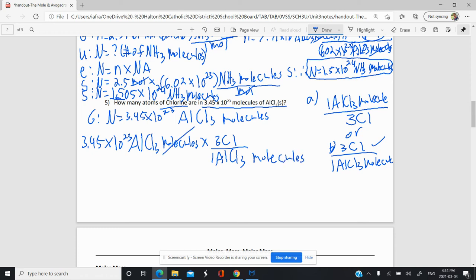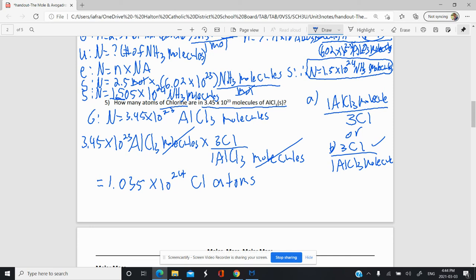And so we can cross molecules out, and we put that in our calculator, 3.45 times 10 to the power of 23 times 3. And we get that that's equal to 1.035 times 10 to the power of 24 Cl atoms.